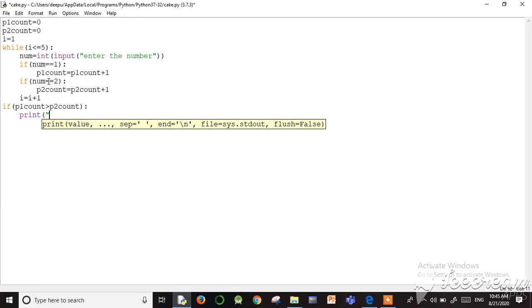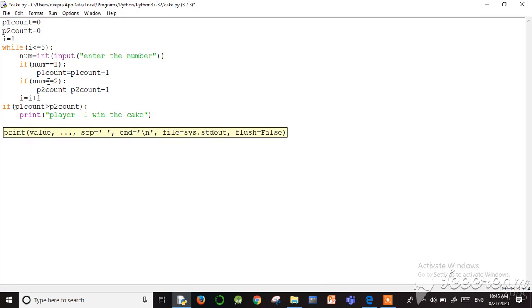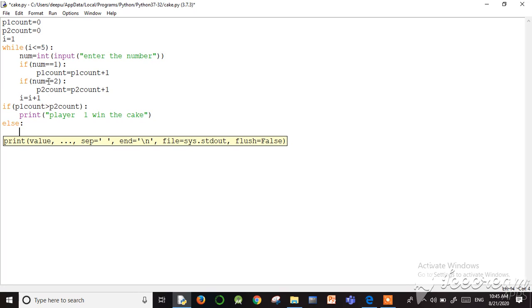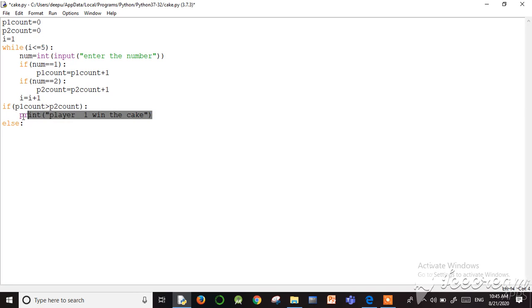Print player 1 wins the cake. Otherwise, if P2 count is greater than P1 count, then player 2 wins the cake. So this is the whole program.